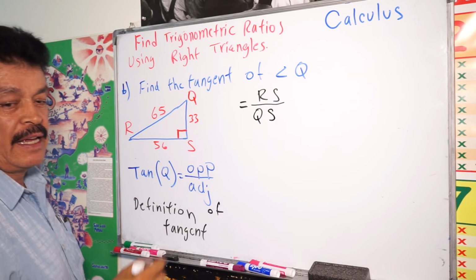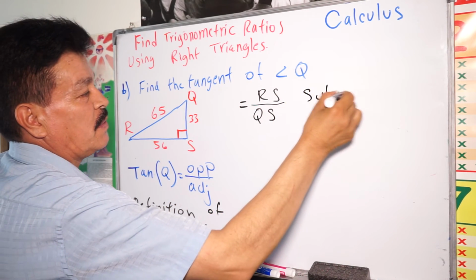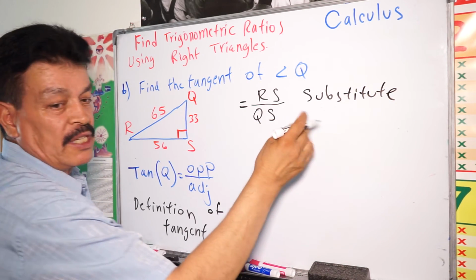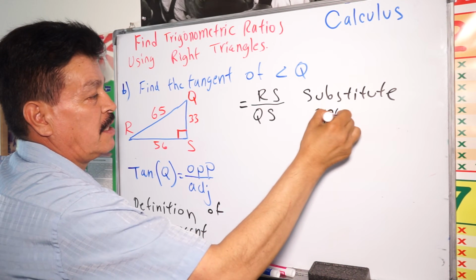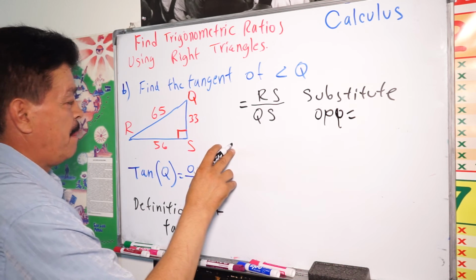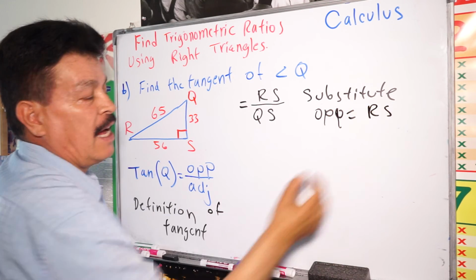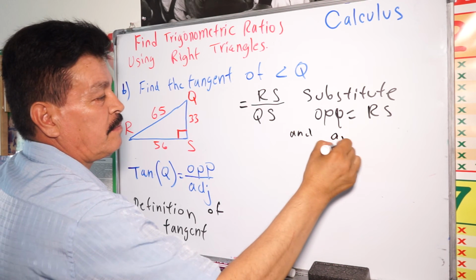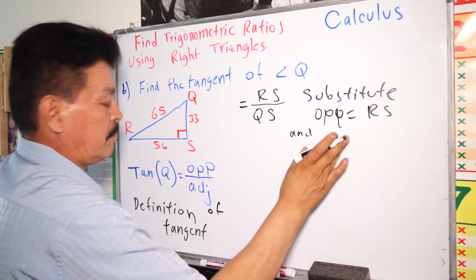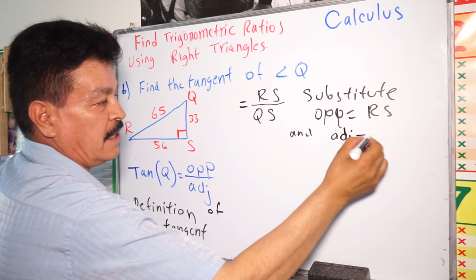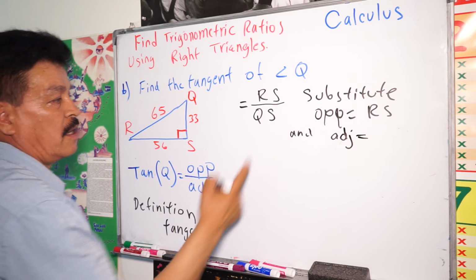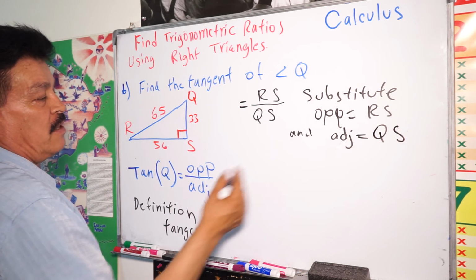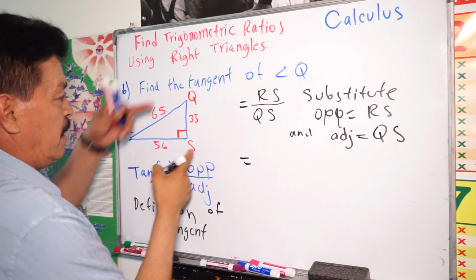This is called substitution: opposite equals RS, and adjacent equals QS. Then next step, just plug in the sides.